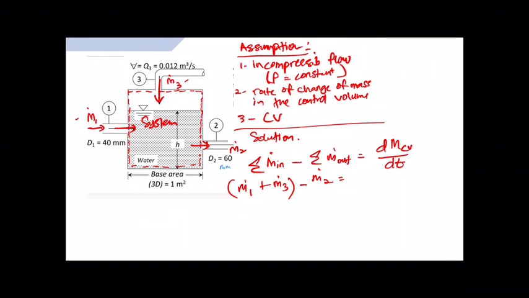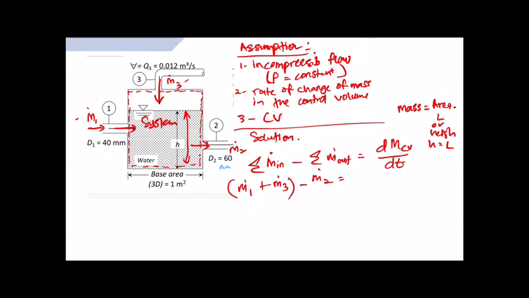So we know mass in the control volume is also equal to, remember this, I hope you still remember, mass equal to what? Equal to density times area times length or height. In this case, h equal to length, because h actually changing.